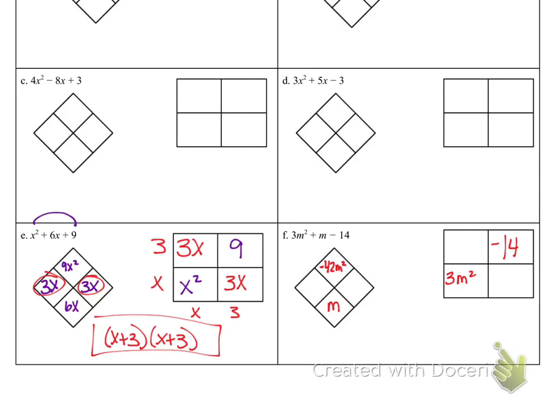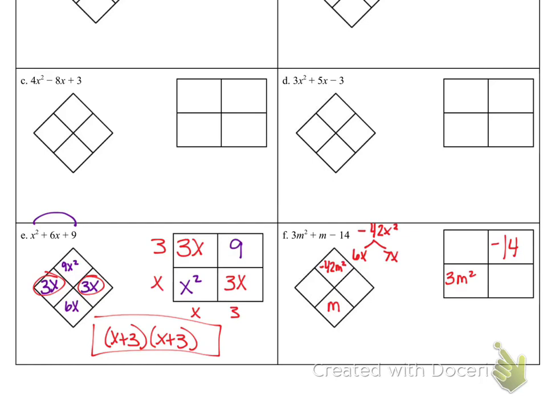So two numbers that multiply to negative 42 and add to 1. Oh, 6 and 7. 6m and 7m. I have to remember which one is going to be negative.